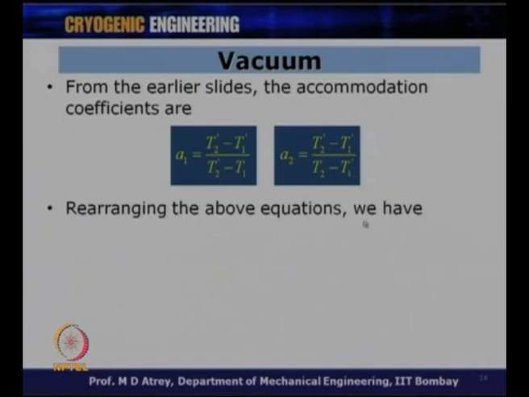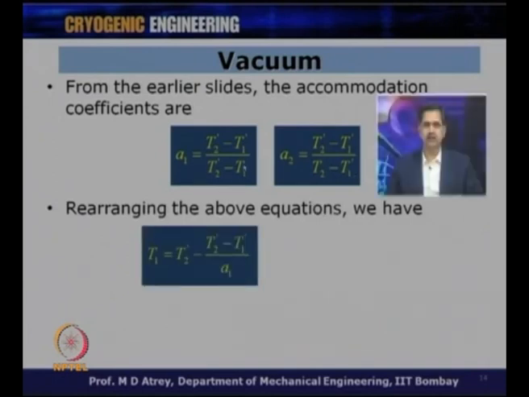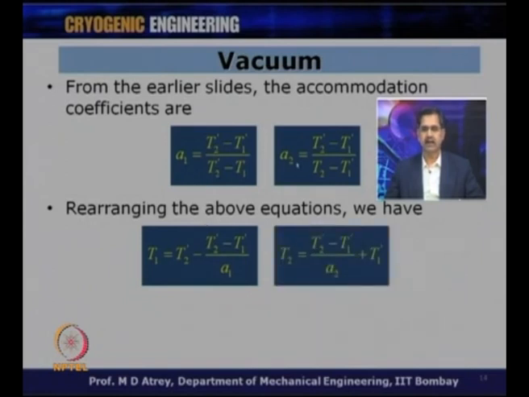Rearranging the above terms, in terms of T1 I get T1 equal to T2 dash minus T1 dash divided by A1, from the A1 definition. And from the definition of A2, T2 is equal to T2 dash minus T1 dash upon A2 plus T1 dash. I am just rearranging these terms to get an expression for T1 from A1 and T2 from A2.